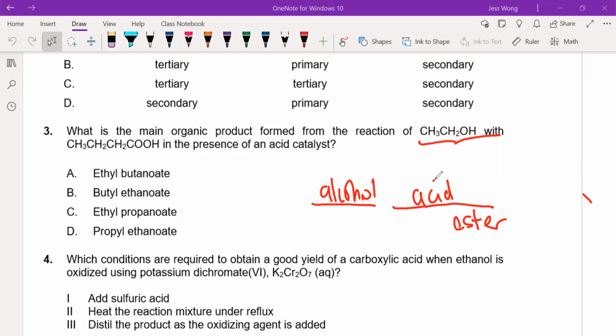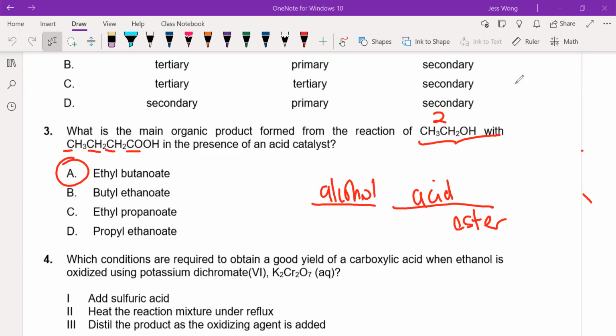Right, so we can see there are 2 carbons here, so it's ethyl. And then here you have 1, 2, 3, 4 carbons here, so it is butyl. So the answer will be ethyl butanoate. Okay, question 3 will be A.